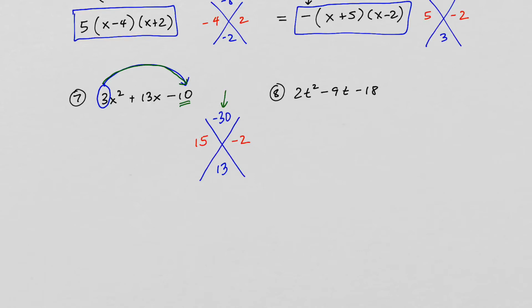Now, when we go to factor our trinomial, we can't use these two numbers because these two numbers do not multiply to give us negative 10. So we have to do a modification here. And this is the modification. When factoring, we're going to put the x here, and then it's going to be plus 15, but we're going to divide it by the leading coefficient, which was 3.